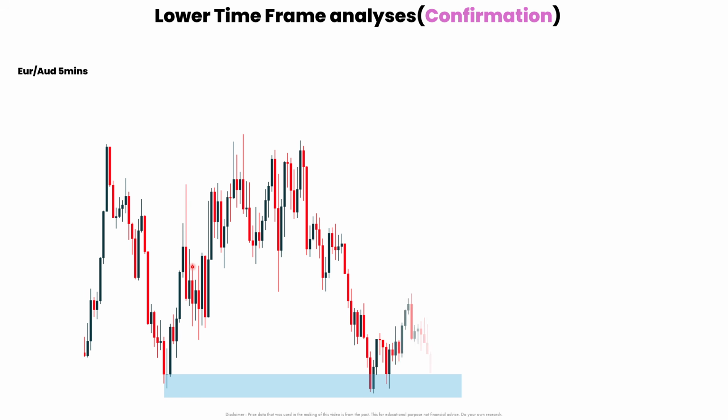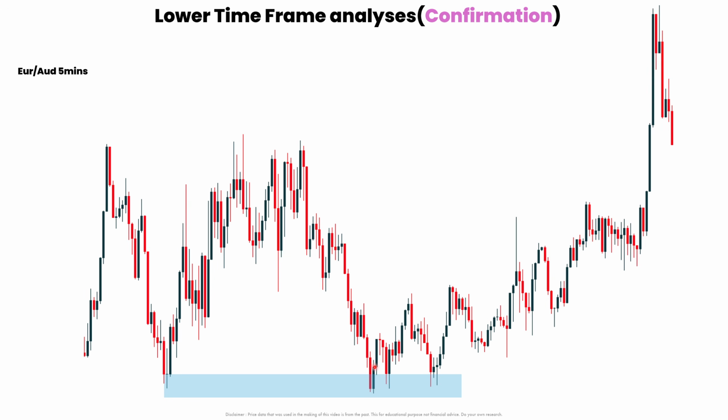So let's look at this area here. We can clearly see that price tapped this area, made this high. It made this high here, and then it returned back here. So then you can wait for another high to be broken, and then you can confirm here.